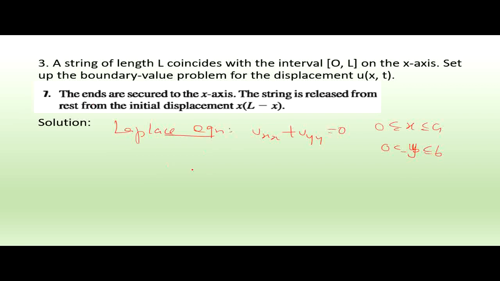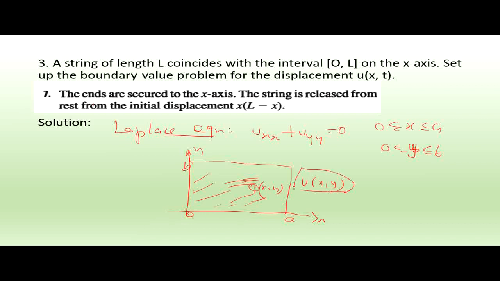That is, the heat transferred through a thin plate, which is 0 to a in the x-axis, 0 to b in the y-axis. The temperature u of x comma y at any point x comma y is what we are going to find in this case. Here u stands for a steady state temperature.